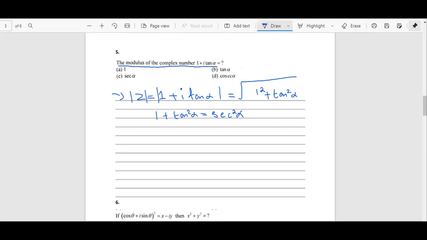So I can simply replace this as under root secant square alpha. So I am going to get secant alpha. So this would be the answer in this case.